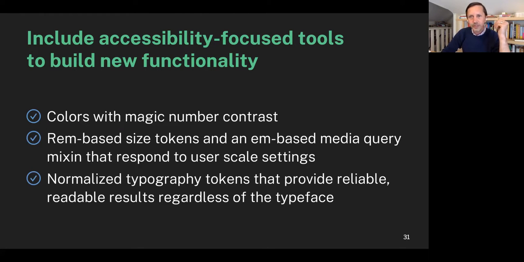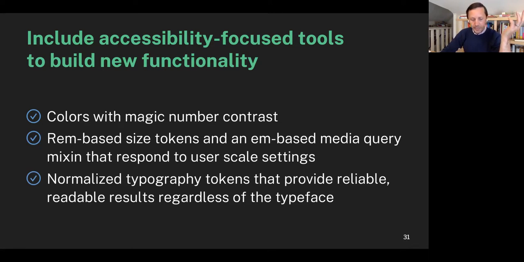So if two colors have a grade difference of 50, they will pass AA contrast. That makes that system of color contrast a lot simpler, and it means that you don't always have to rely on big tables or grids to see, yes, this shade of blue works with this shade of dark blue. You can just go by the grade itself.